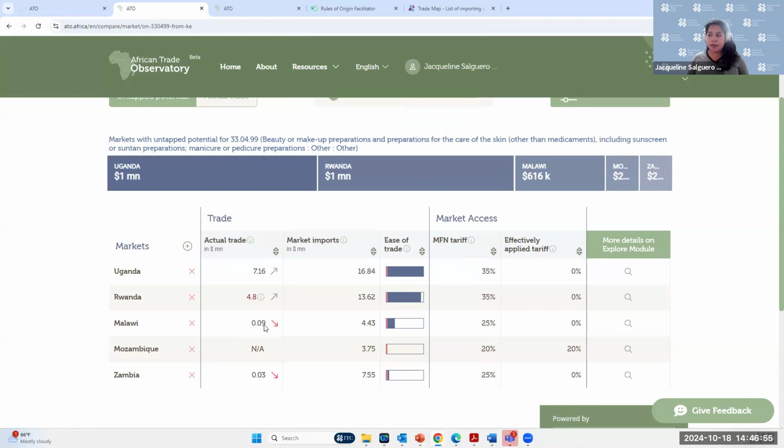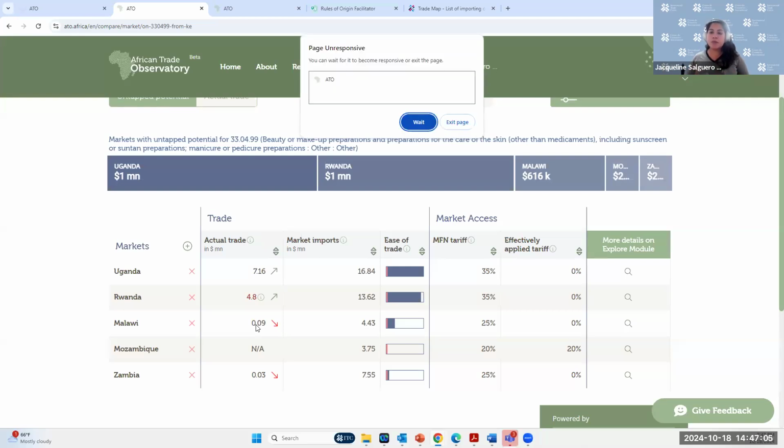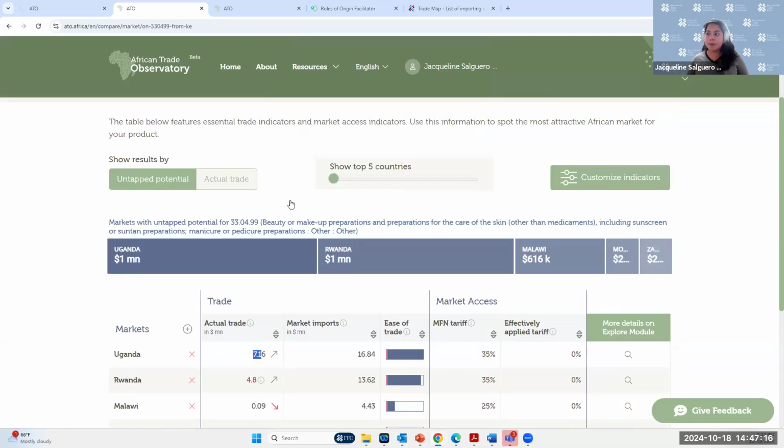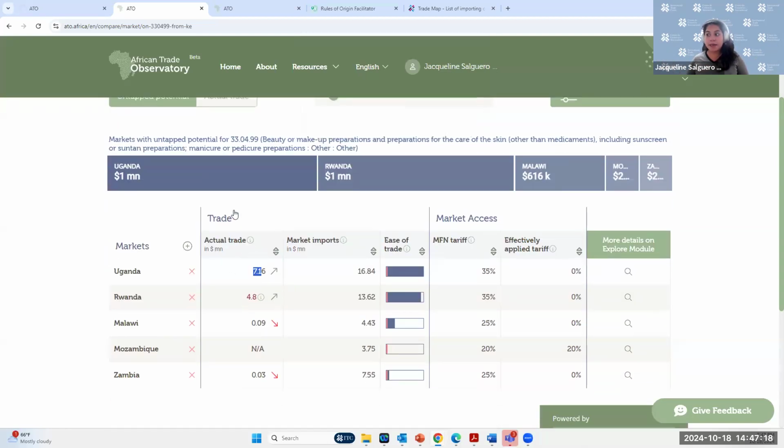And there are also countries with low values that will not appear if you go through the ranking of the countries that are already importing the most. So by looking into that, you're looking at opportunities that otherwise might disappear if you have not taken into account other variables. We have done the job for you to take into account all the variables. That's why we believe that this untapped or unrealized potential is an interesting way to look at the markets.